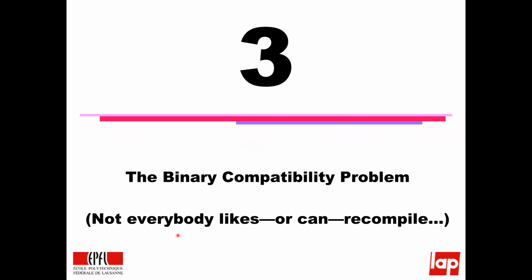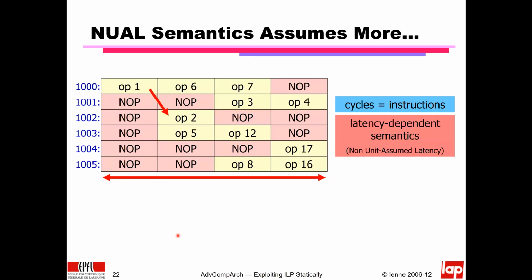So the second problem that we want to look at before we change gears and go to the big problem, which is the compilers, is binary compatibility. We discussed this a little bit already, so let's not spend too much time, except to understand that what we are doing exposes a number of things about my architecture. And I'm sorry, I said the wrong word, about my microarchitecture.